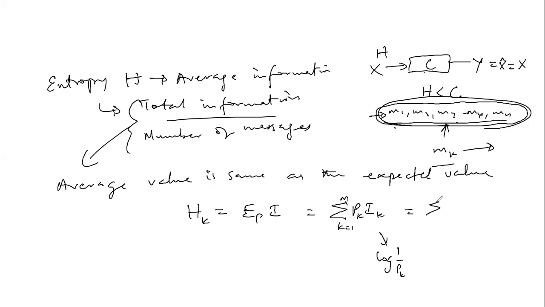So it means that the entropy, which is the expected value, the average value of information, times your measure of uncertainty, is the same as the sum over k from 1 to m of Pk log 1 over Pk.